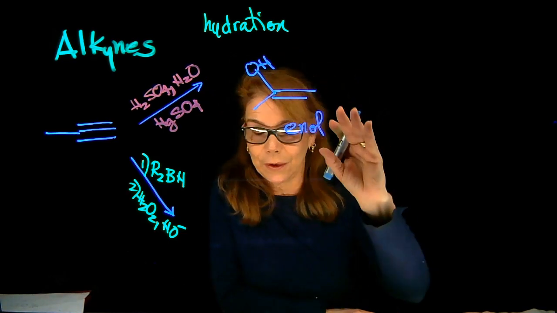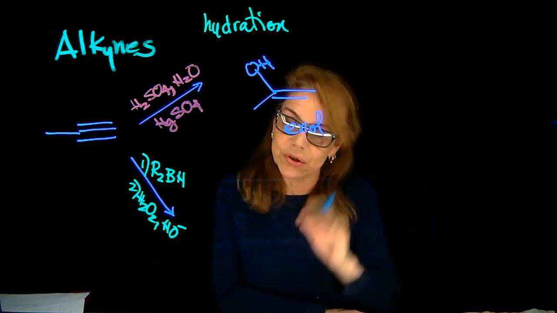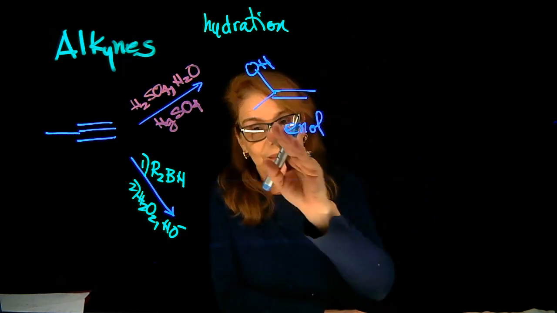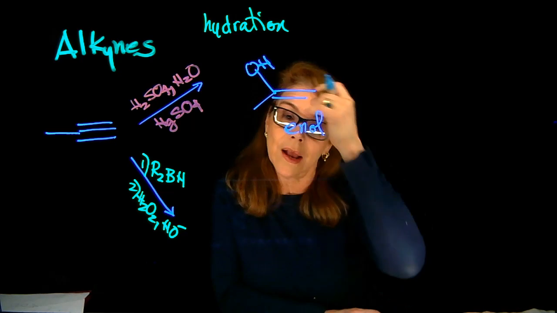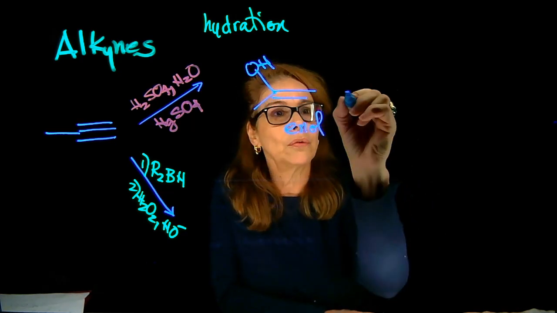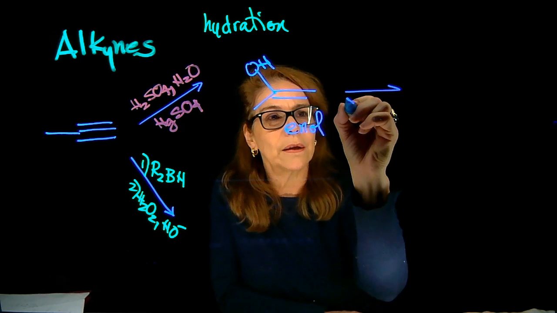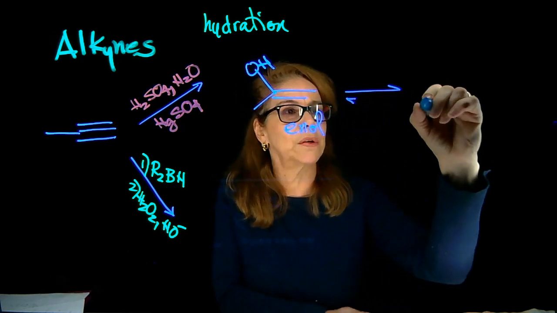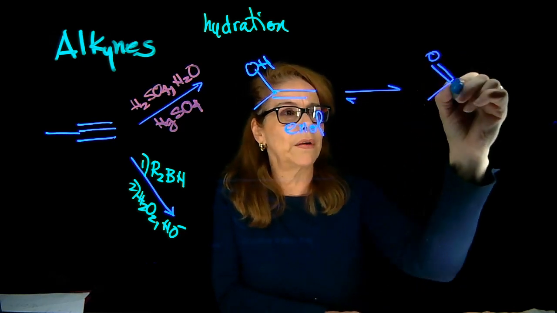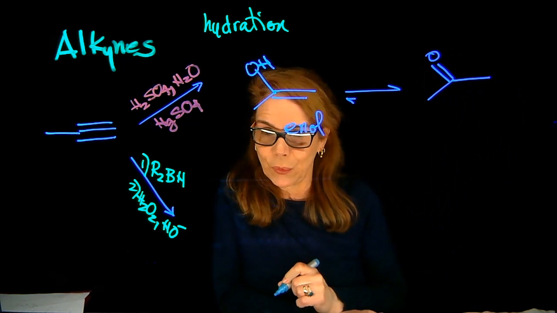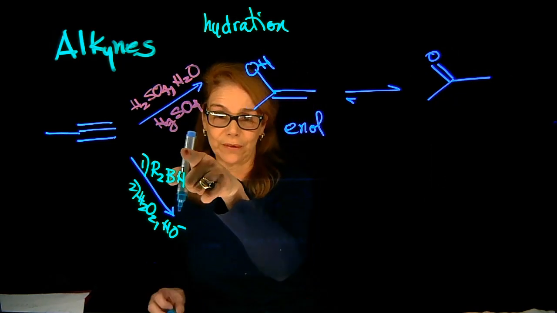That's the main difference when you are doing hydration of alkenes and alkynes, because this intermediate will immediately tautomerize, and you will form the equilibrium. You shift it to that side, and you're going to have a ketone when you have hydration under those conditions.